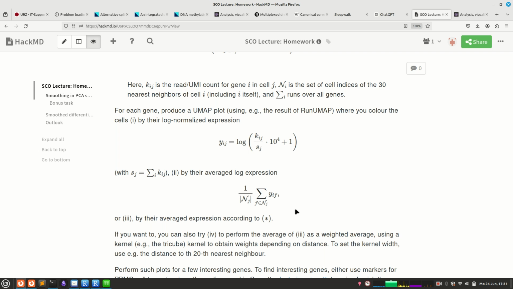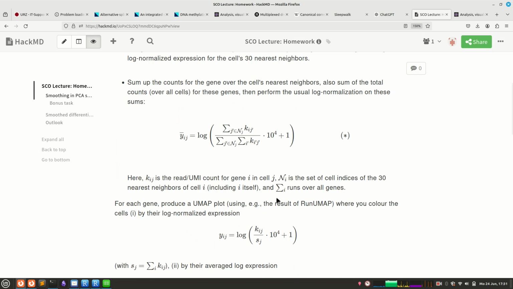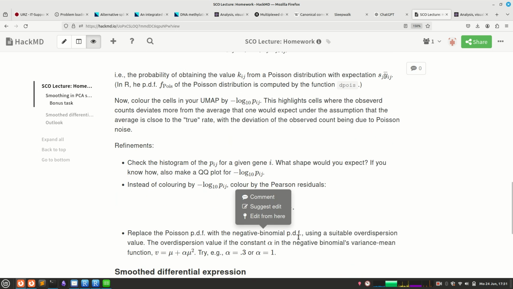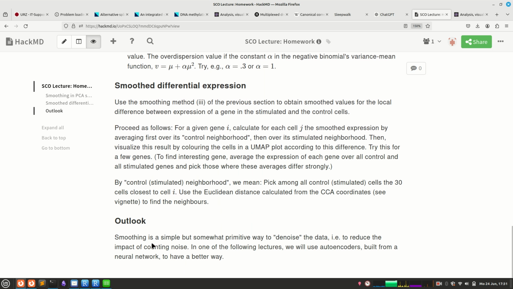But this whole smoothing thing, what I put here below as outlook, is one more thing. You might notice that this smoothing here is simply over neighboring cells. Sounds nice, but it's a bit annoying, because sometimes the cells might be very dense and it should be easy to smooth.